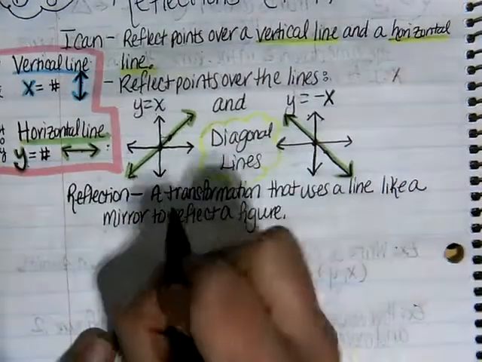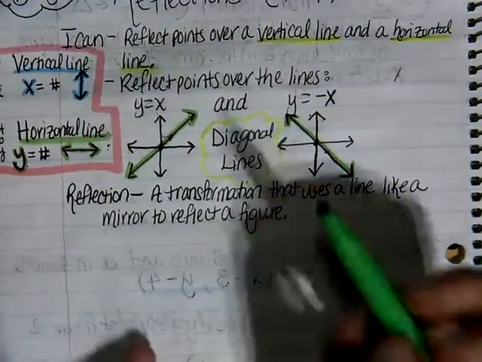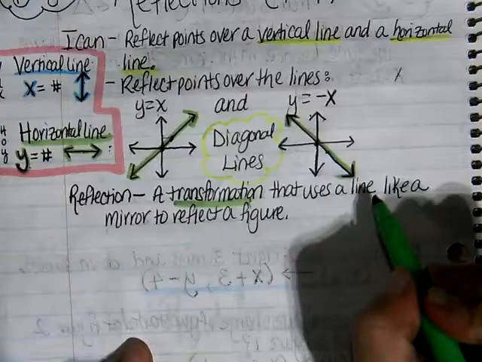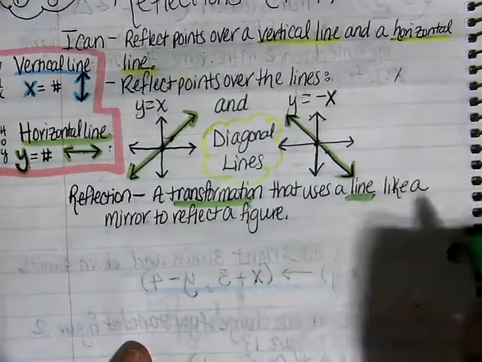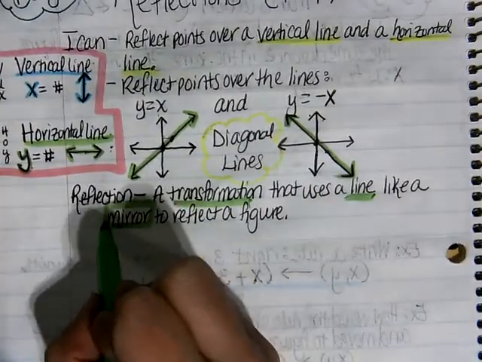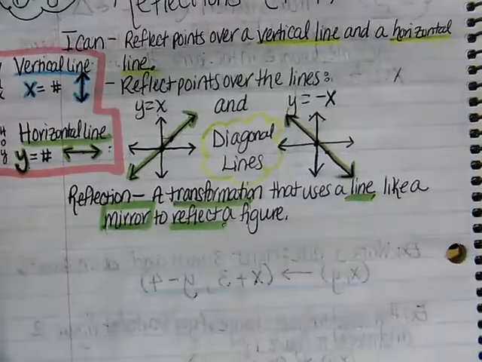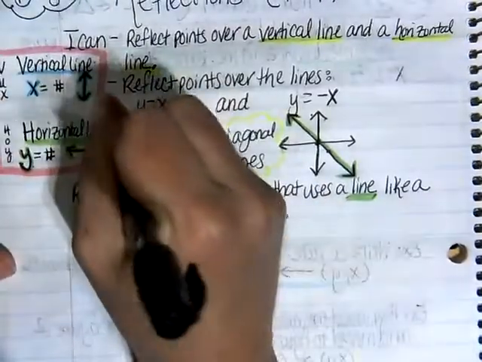So just like it sounds, it is a transformation that uses a line like a mirror to reflect a figure on the other side.